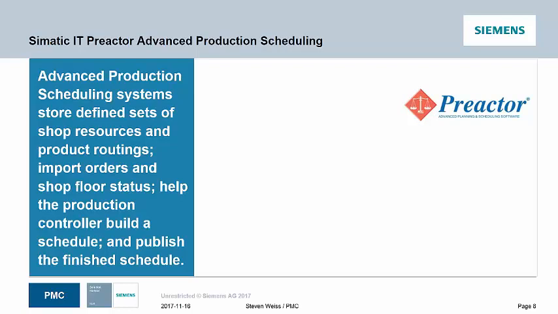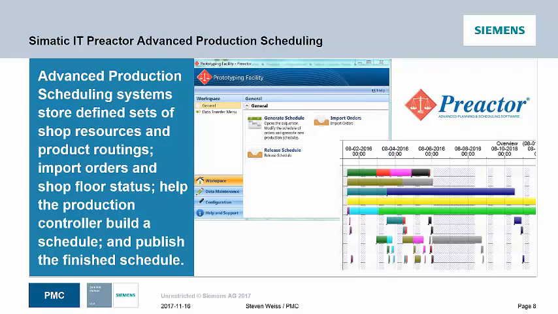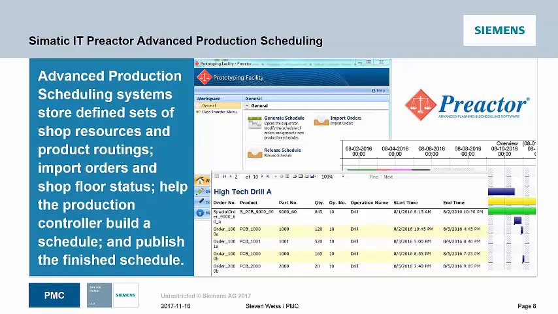Preactor was originally a product of Preactor International, was recently purchased by Siemens, and it offers a complete dashboard for the production controller to generate schedules, to evaluate schedules, to use drag and drop and other mechanisms to make adjustments to those schedules, and ultimately to output reports which might be delivered on paper, electronically, or via website to the operators or the shop floor supervisors or foremen who are accountable to produce according to the schedule that is published.